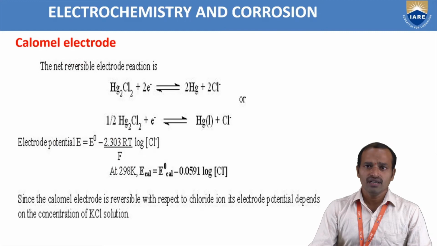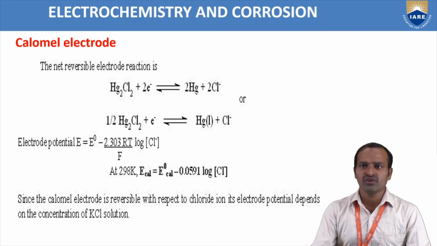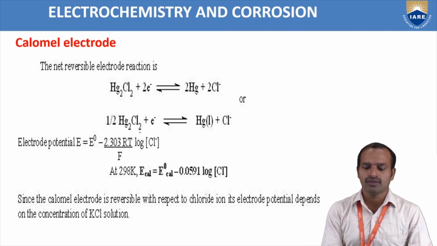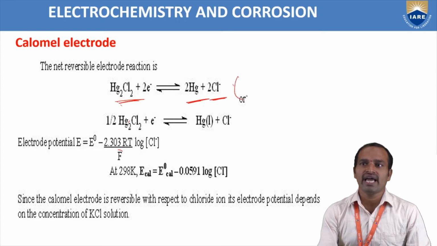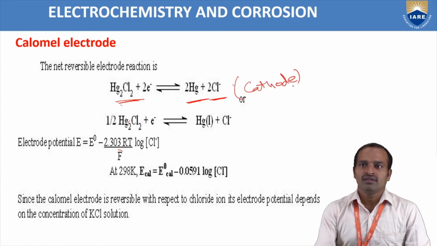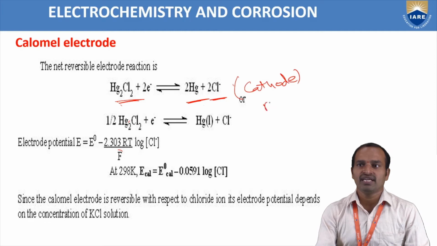The reversible electrode reaction of the calomel electrode is Hg2Cl2 reacting with gain of electrons to form 2Hg plus 2Cl minus. This acts as a cathode, so gaining of electrons takes place and it undergoes reduction.